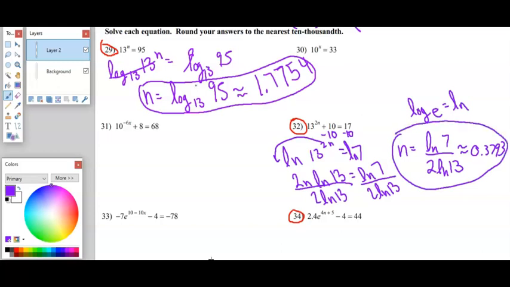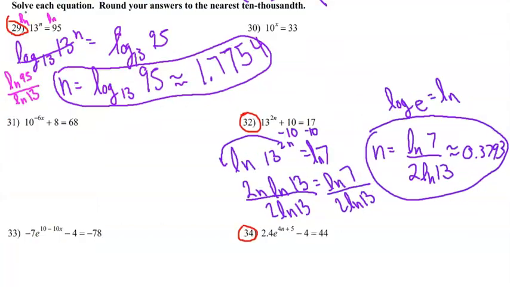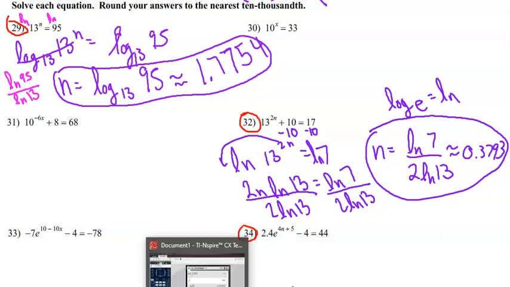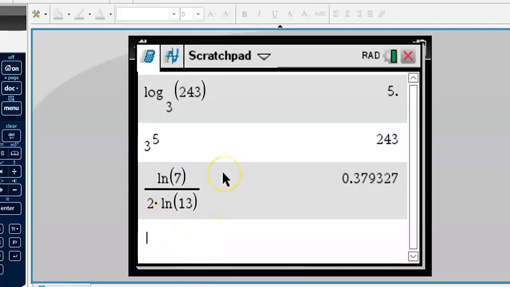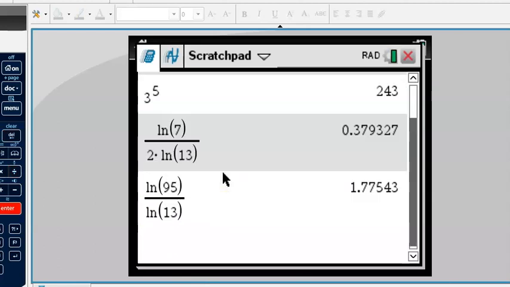Now, if you solved number 29 using ln's instead, this is what you would get for your exact answer: ln of 95 over ln of 13. If we plug that into the calculator, we would get the same thing as before.